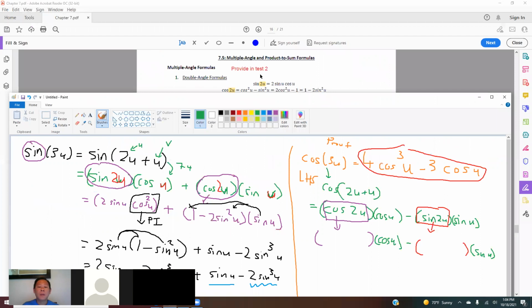I just mentioned again, there are 3. Because this is all in terms of cosine, we will be using the middle one. So this will get 2 cosine squared u minus 1, times cosine u, because that is the formula for the addition. And for the sine 2u, we have only one formula, which is 2 sine u cosine u.